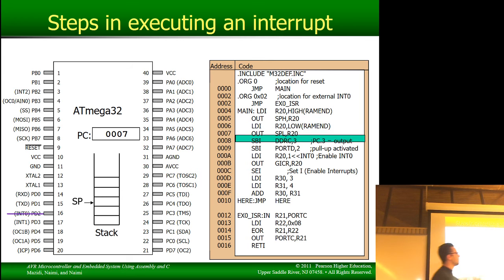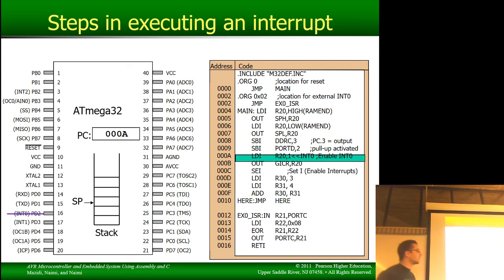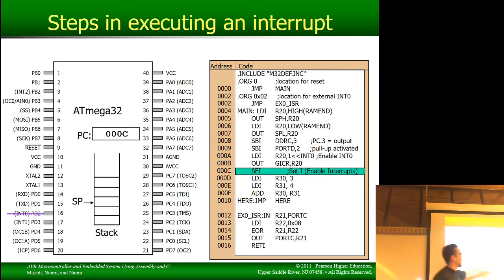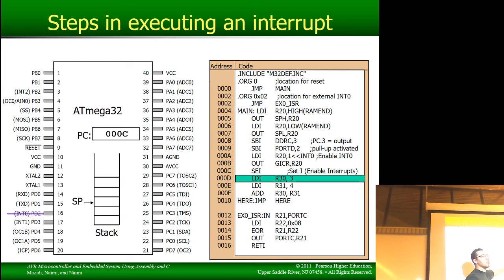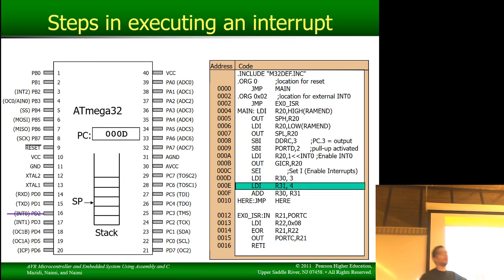One of the things that it's important to do is set up the stack pointer because we are using functions. Now, at some point right here, by the way, this intermediate code is actually setting up the interrupt, enabling it. We'll go over how we do all those things. The last step in enabling interrupts is to turn on the status register bit saying enable interrupts. At that point, interrupts can fire at any time.